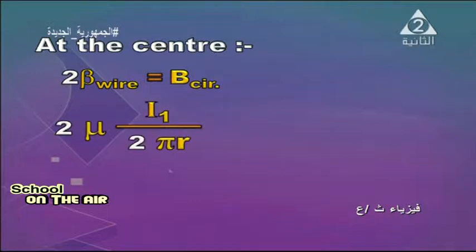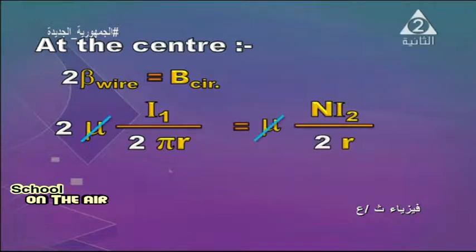Now, 2 multiplied by mu I1 over 2 pi d. I1 is the current flowing in each straight wire, and d in this case is the radius. This is equal and opposite to the field produced by the circular coil, which is mu N I2 over 2r.